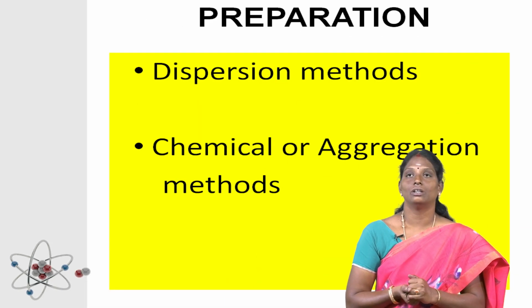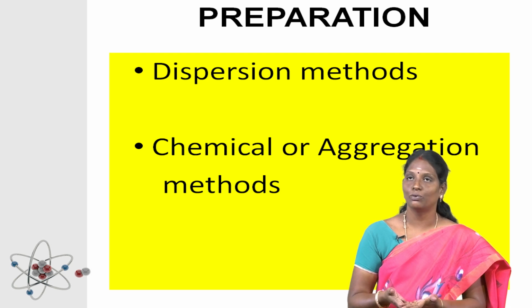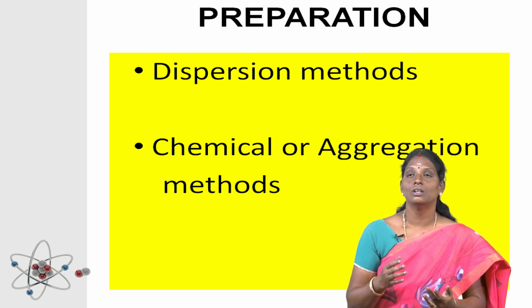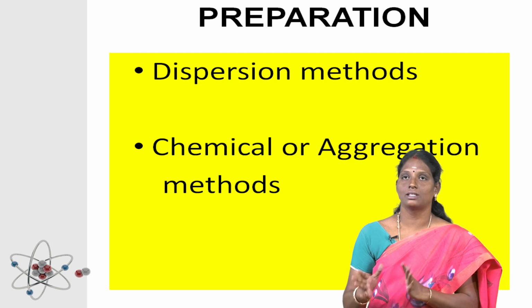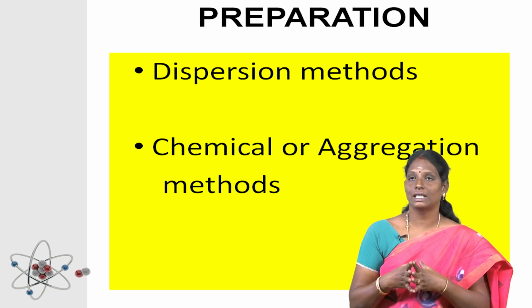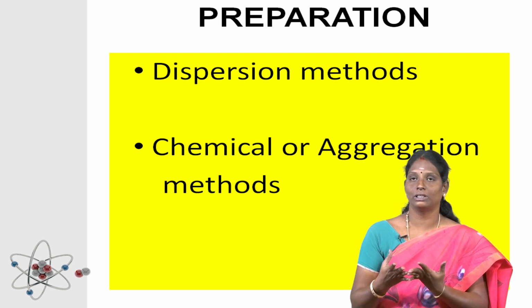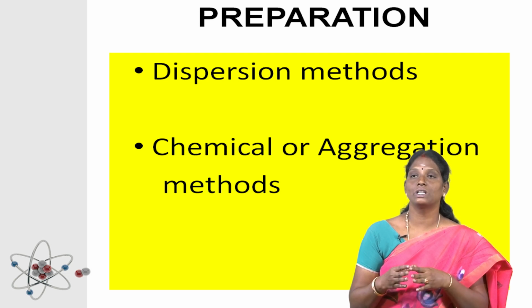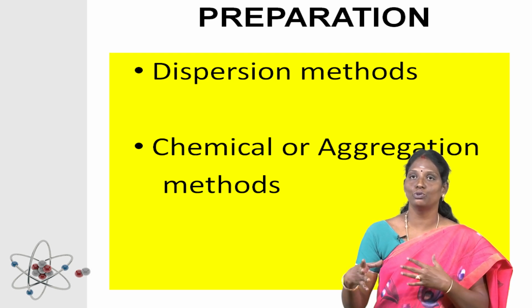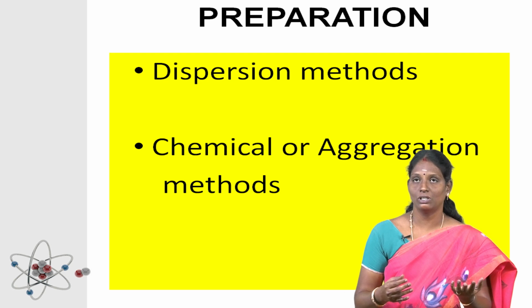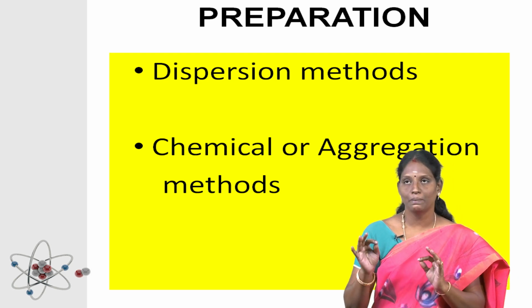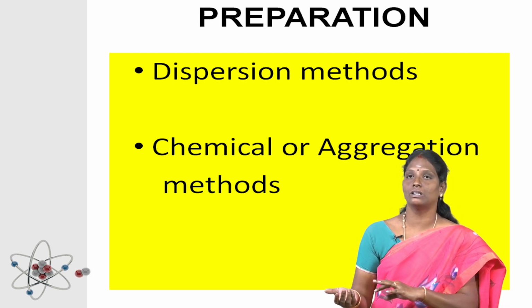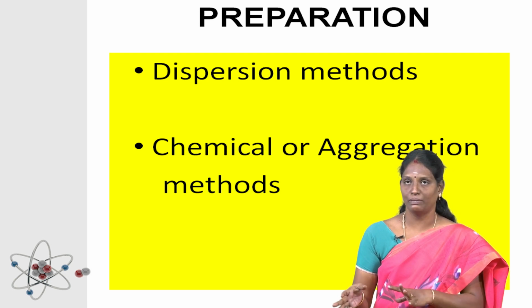Next one, we are going to discuss the preparation of colloids. So how do you prepare colloids? The colloids can be prepared by two methods. The lyophilic salts may be prepared by simply warming the solid with the liquid dispersion medium.